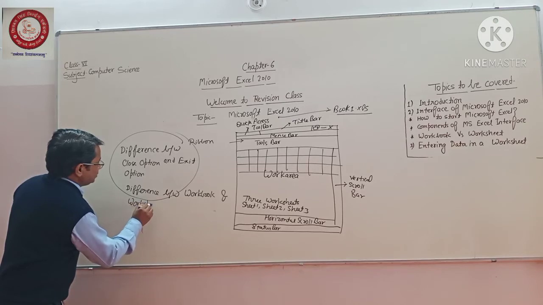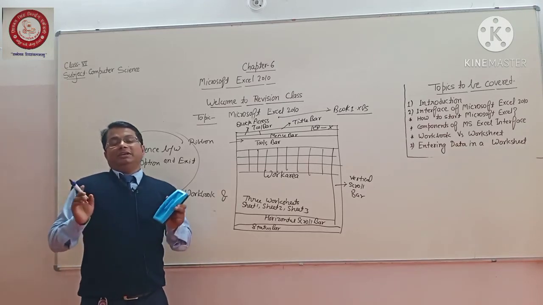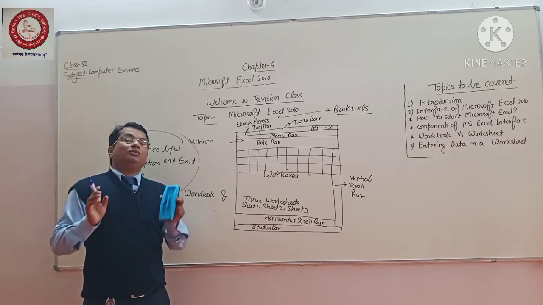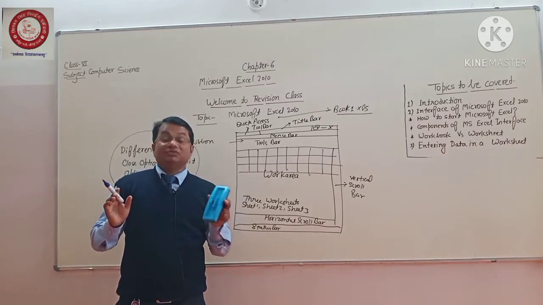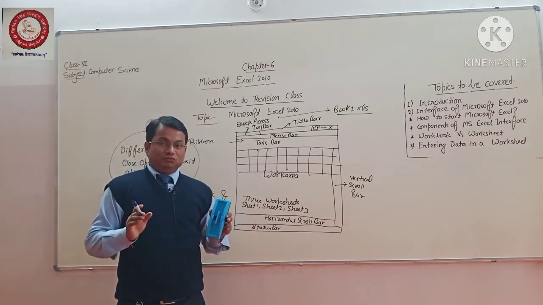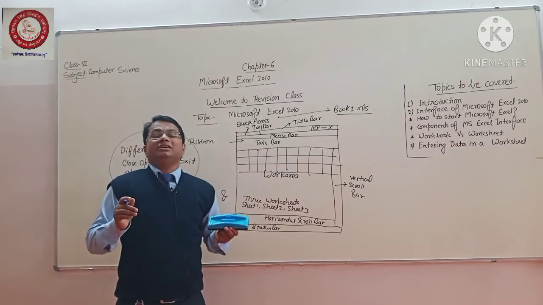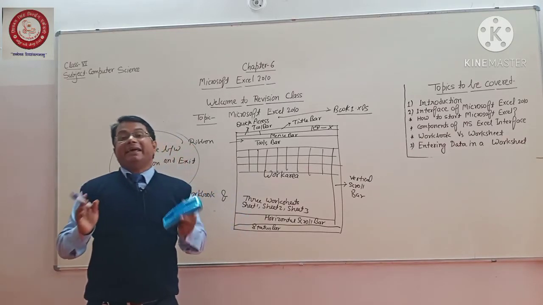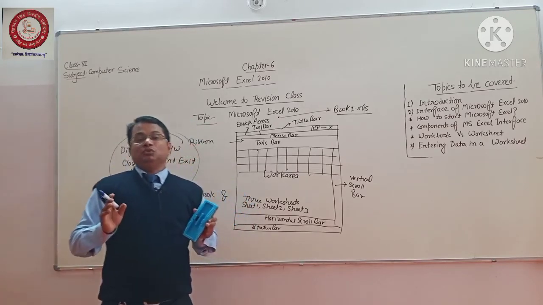The definition of a workbook is a collection of worksheets. The collection of worksheets is known as a workbook. And what is a worksheet? A worksheet is nothing but a grid-like area.